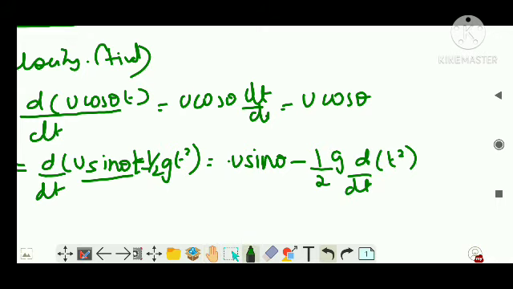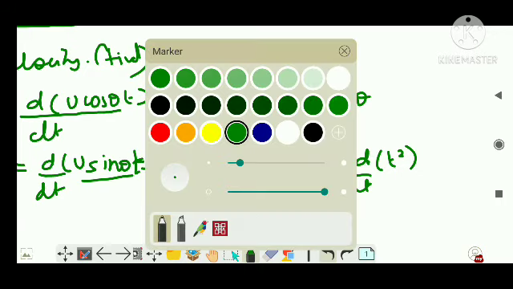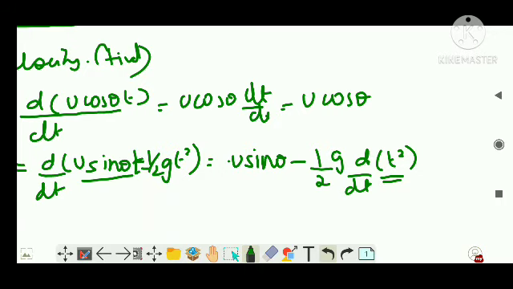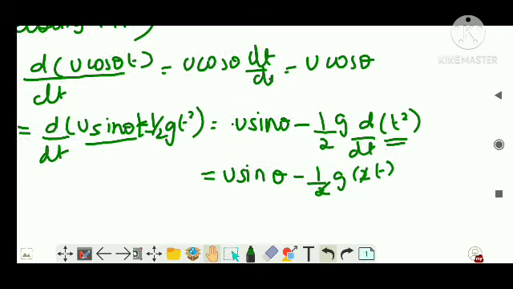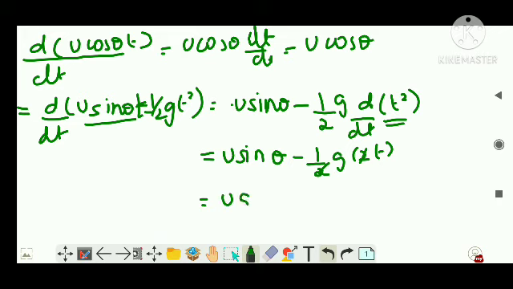Now what is the differentiation of t square? It is 2t. So u sin theta minus half g into 2t. So 2 cancels out. So I will get the final answer, u sin theta minus gt. That is our velocity in y direction.